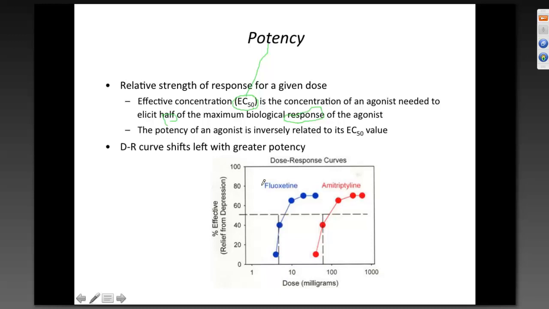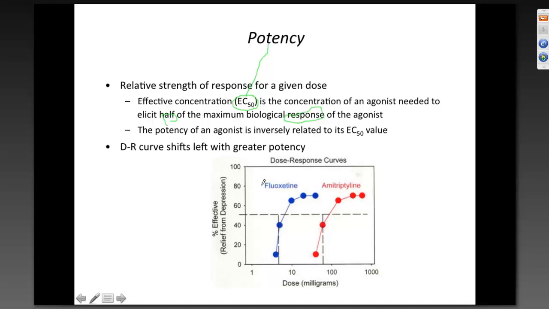If you remember the oxygen dissociation curve that way, then you can also just plug this in with the same concept: with dosages of a drug, as your curve shifts to the left, there's a greater potency. As your curve shifts to the right, there's a lesser potency.